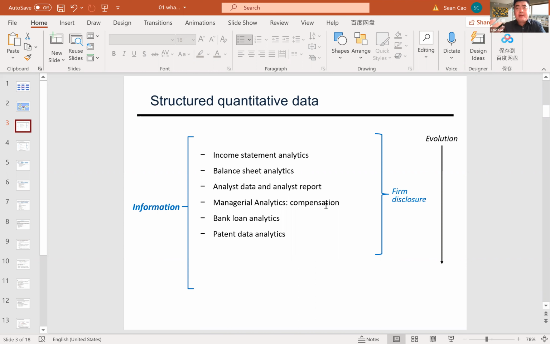They have to file a patent to protect the intellectual property of the vaccine for COVID-19. So firms file a lot of patents to protect their intellectual property.